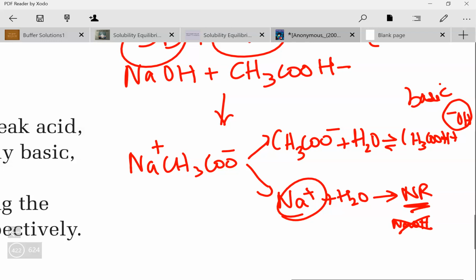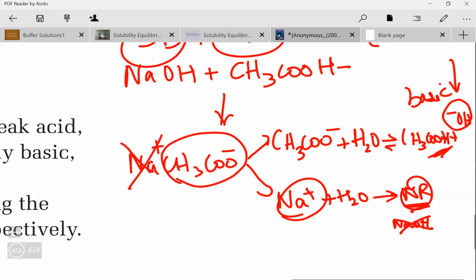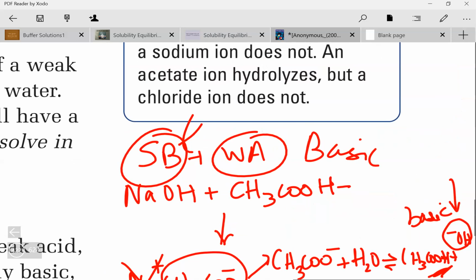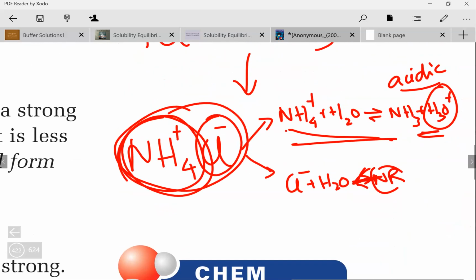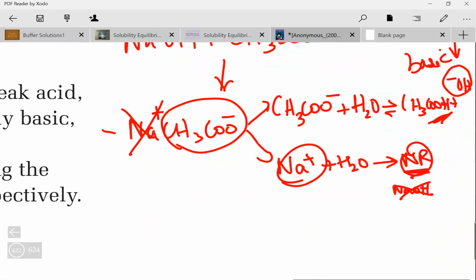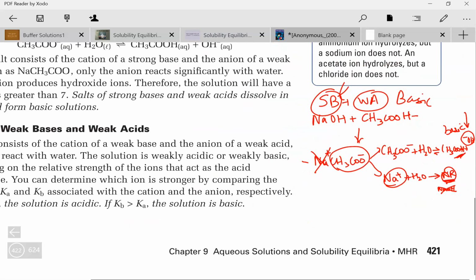I know I can never write NaOH as my product. So this is no reaction. So the only source of pH change in my reaction is this OH minus, which comes from this ion and not this ion. So Na plus over here, and the Cl minus up over here, are basically spectator ions. They don't contribute to my pH whatsoever.